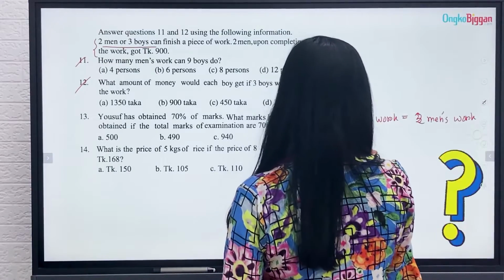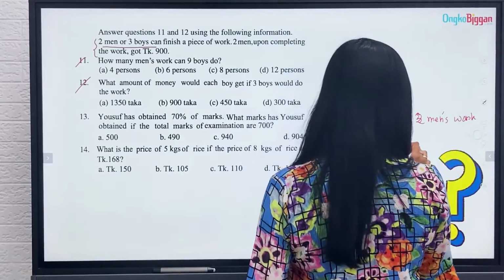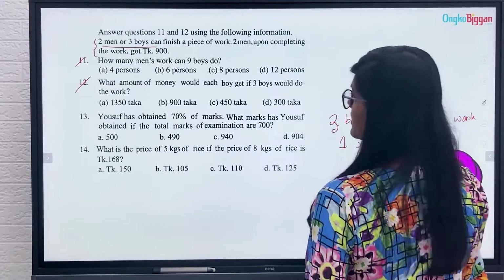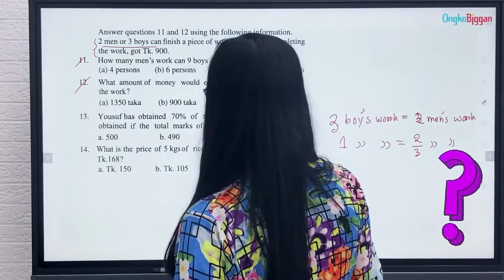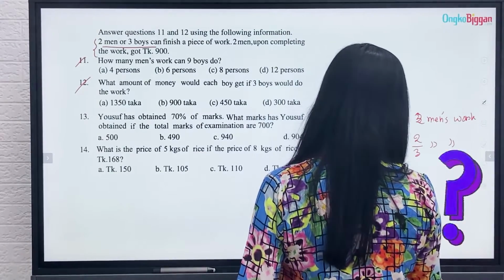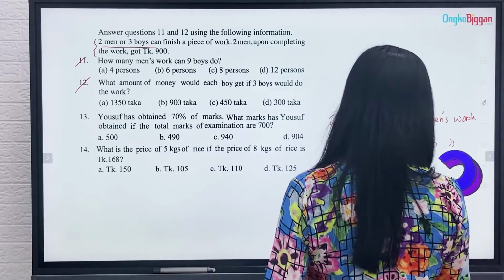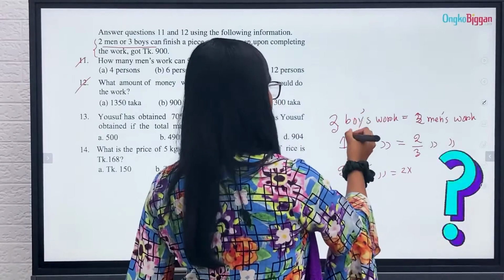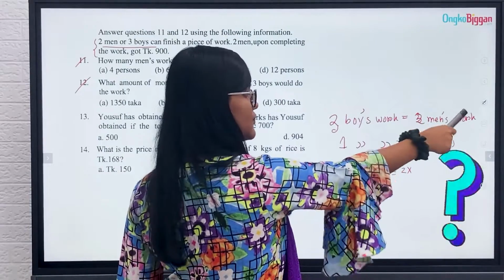Then 1 boy's work will be 2 by 3 men's work. So here we have to find 9 boys' work. It's just a basic unitary method: 3 boys' work will be 2 men's work.